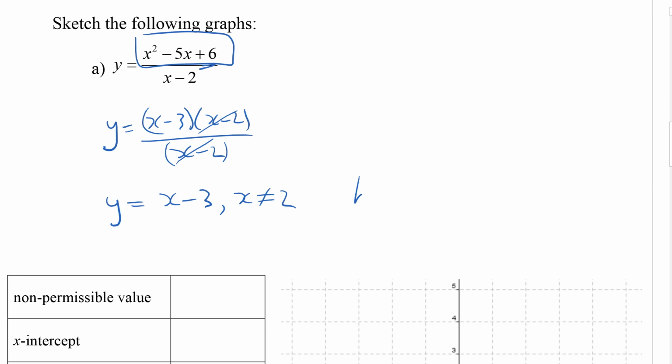So in other words, I'm going to have a hole at x equals 2, and I need to find out what my y value is. So I say y is equal to x minus 3, but I'll put a 2 in for that x, and so my y is equal to negative 1.